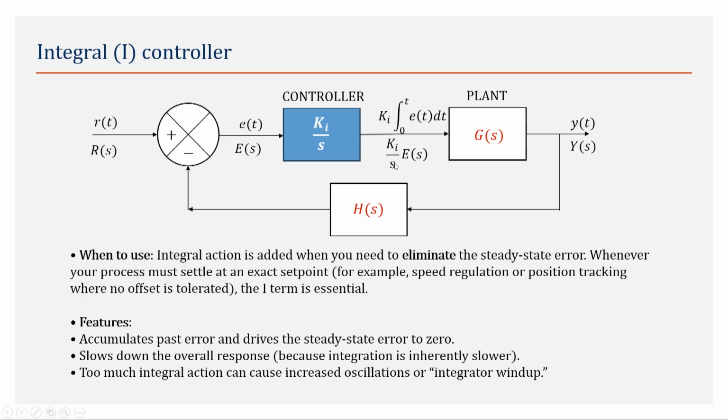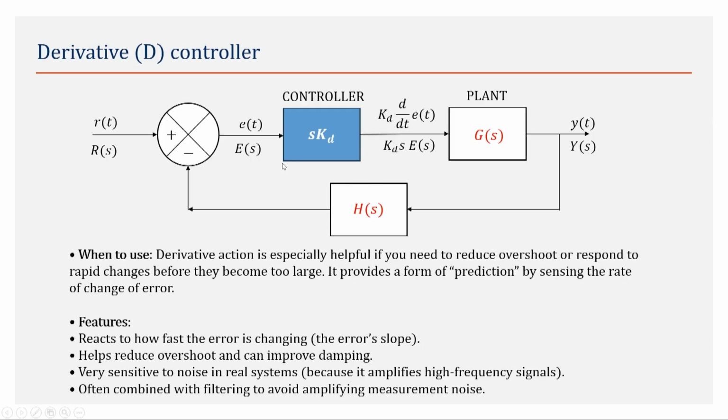I have already told you that we use the integral controller for eliminating steady state error. Whereas the derivative controller was the one where the output of the controller is a derivative of the error signal, and we use this to reduce overshoot or rapid changes at the output of the plant.